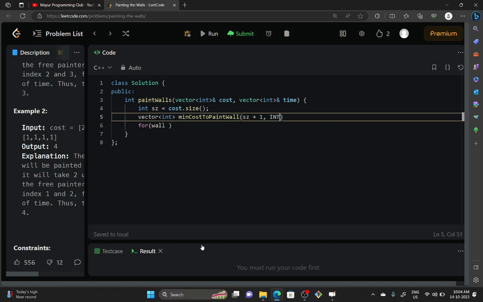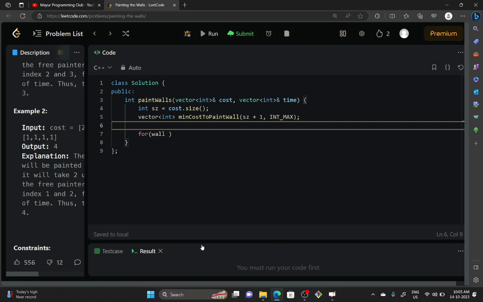Infinity means maximum integer value. I think it should be fine. And since if there are no walls, the minimum cost to paint zero walls will be 0.